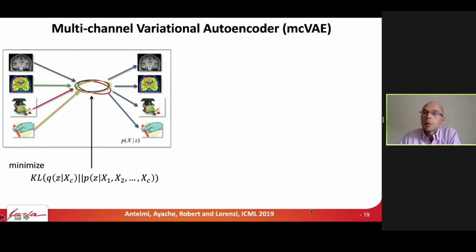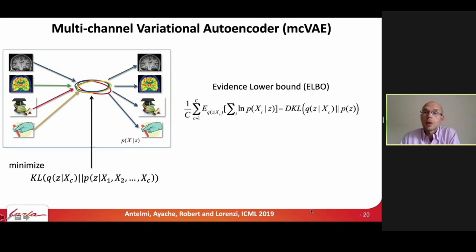And we can show that optimizing these constraints amounts to optimizing another quantity, which is called the evidence lower bound, which is a very interesting quantity, because when we optimize the ELBO, basically what we are doing is finding an optimal encoding, an optimal representation for a given view, which at the same time can explain all the other views.